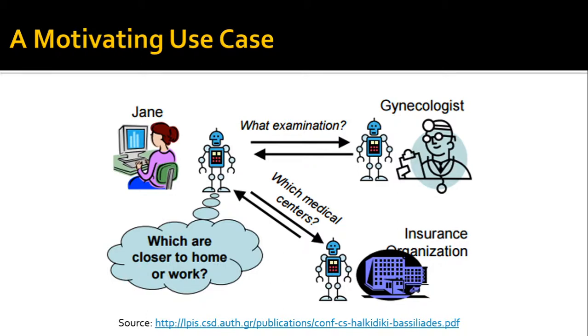And Jane, being a working lady, has to go to the office, and needless to say there is a stipulated office hour, and Jane needs to perform some medical examinations that are suggested by her consulting gynecologist.